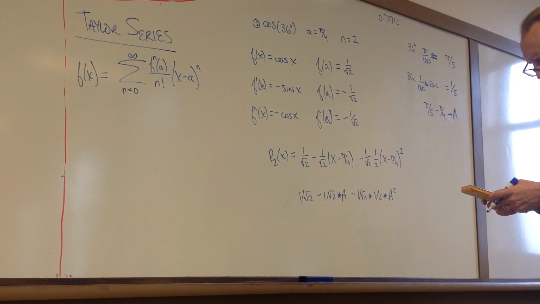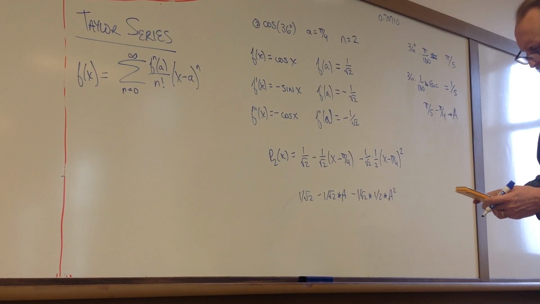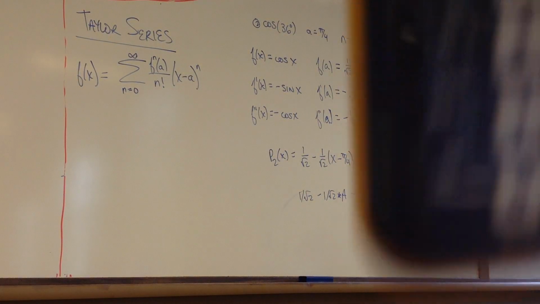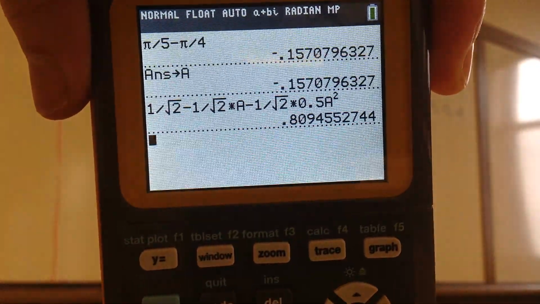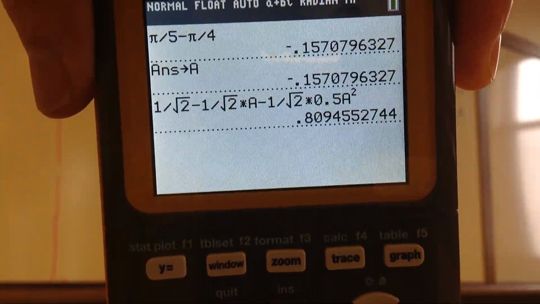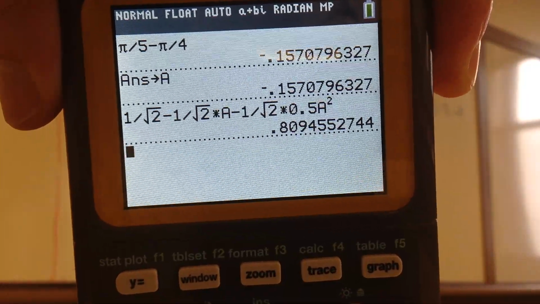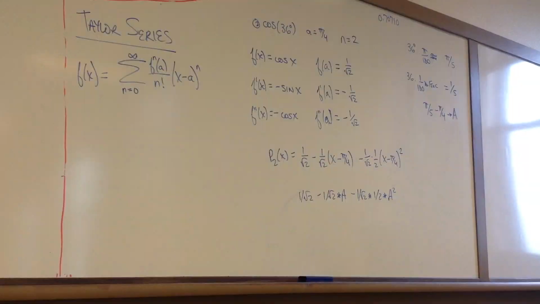Minus 1 over square root 2 times a, and then minus 1 over square root 2 times 0.5 a squared. Okay, so here's what that looks like on the calculator. Okay, and we get about 0.809455 or so.